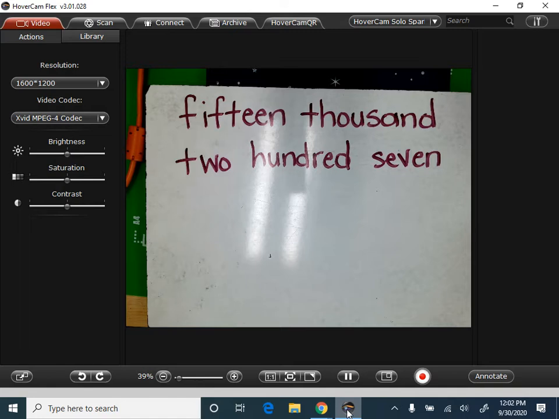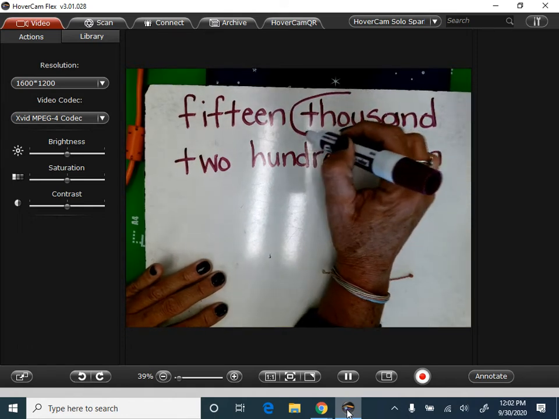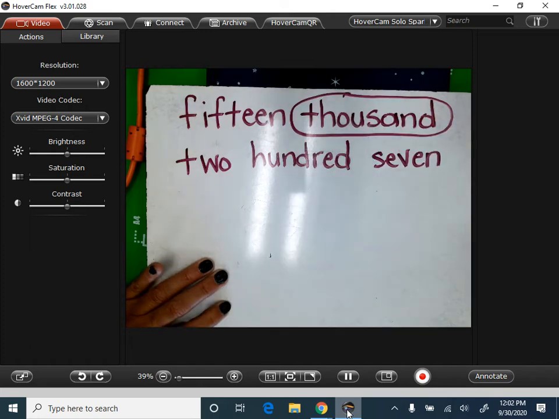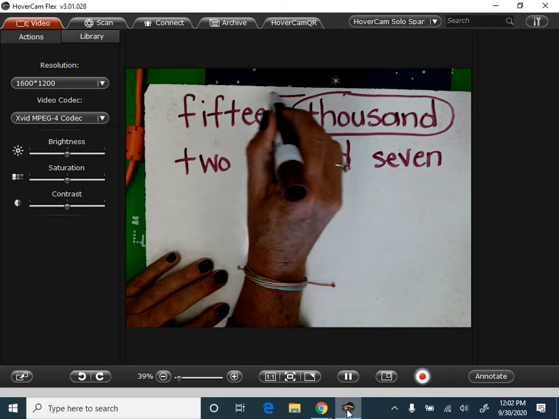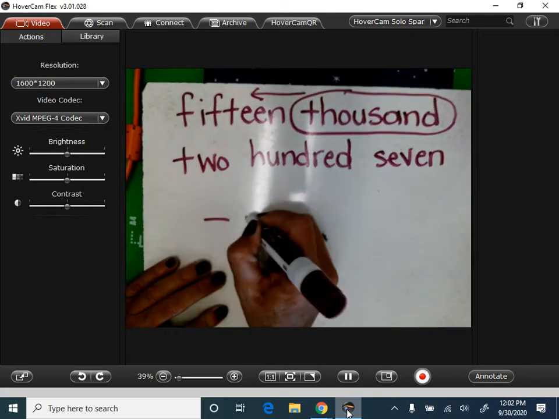This is the last name that we need to remember, 1,000. So what that's telling me is that everything in front of it is inside the thousands family.